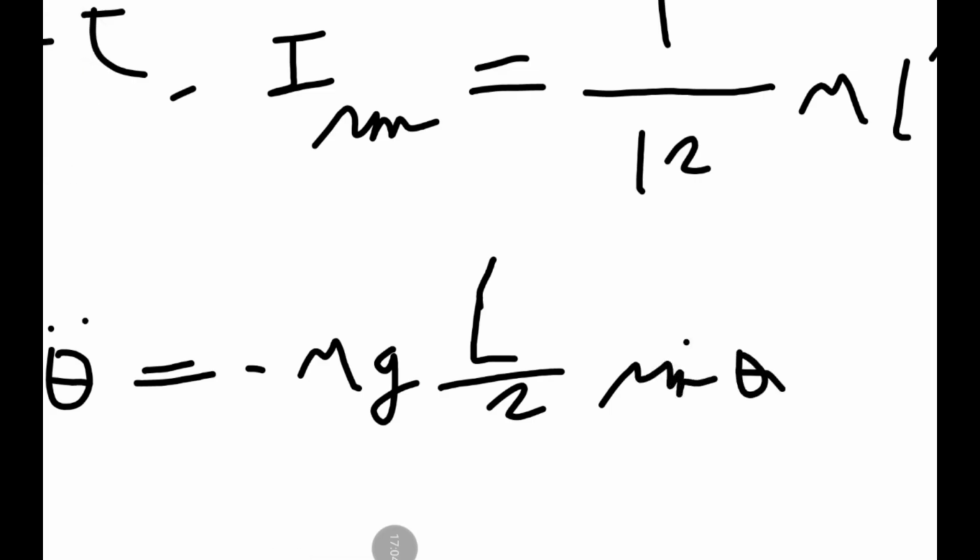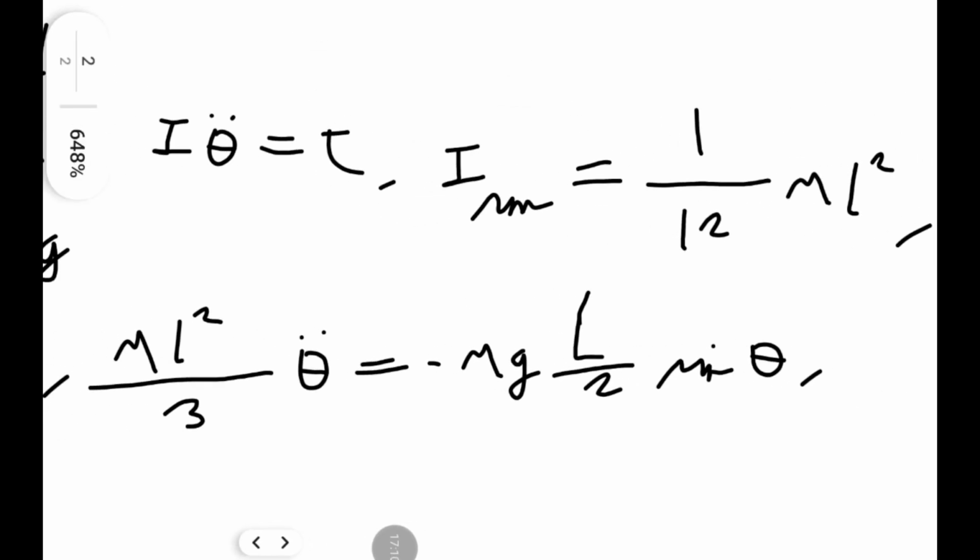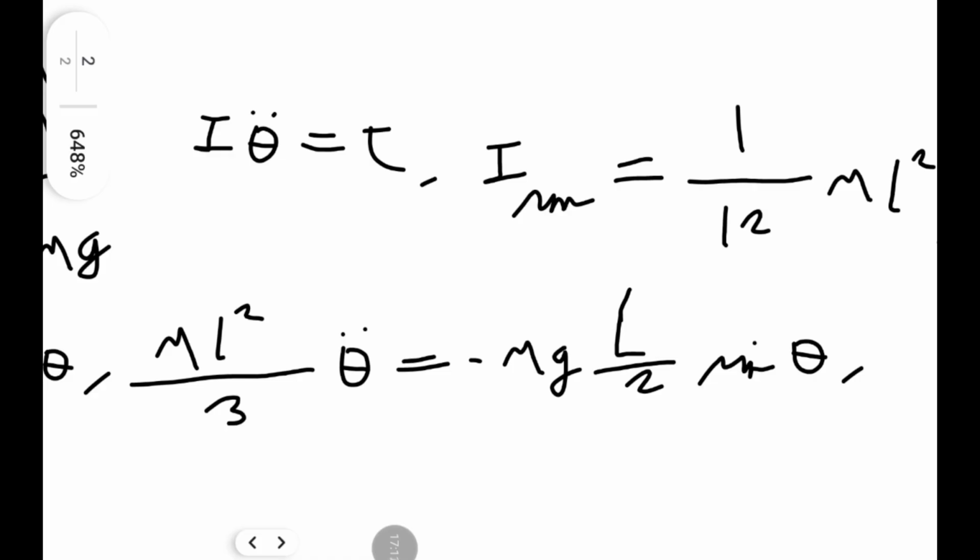I apologise, that's not very clear. That's the full equation now. We've now related torque to angular acceleration, and that's a really important way. The moment of inertia, the angular acceleration, and the torque have now been connected, which is going to be really useful.